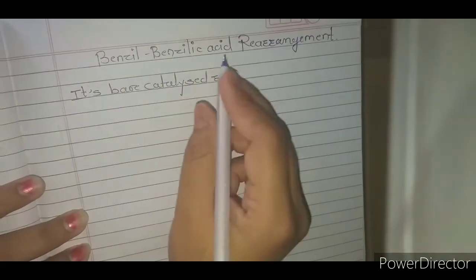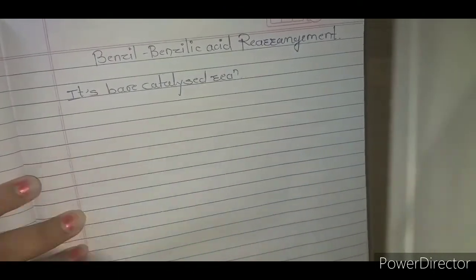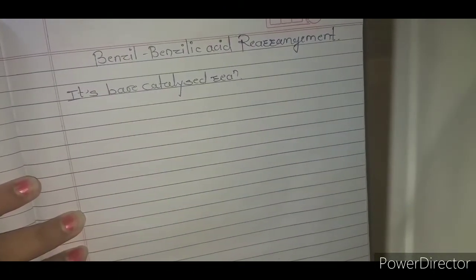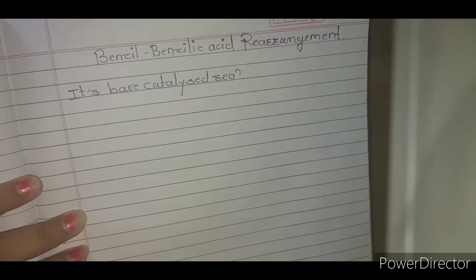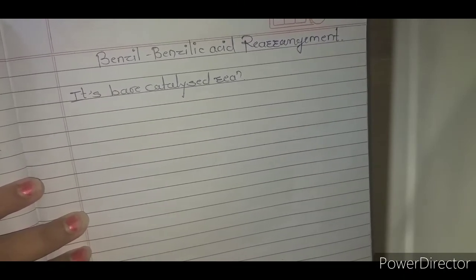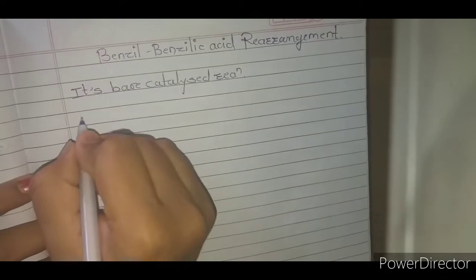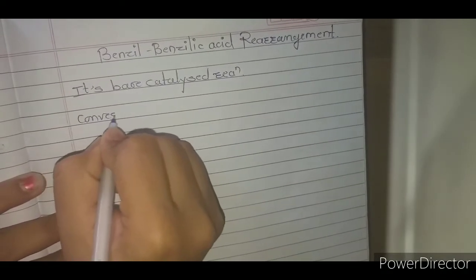In this benzil benzilic acid rearrangement, there is conversion of a 1,2-diketone into an alpha hydroxy carboxylic acid.